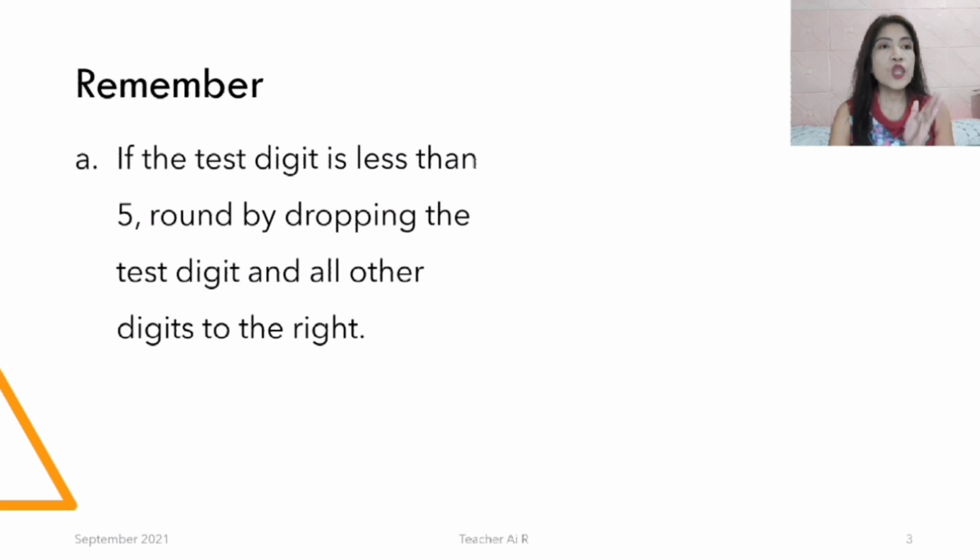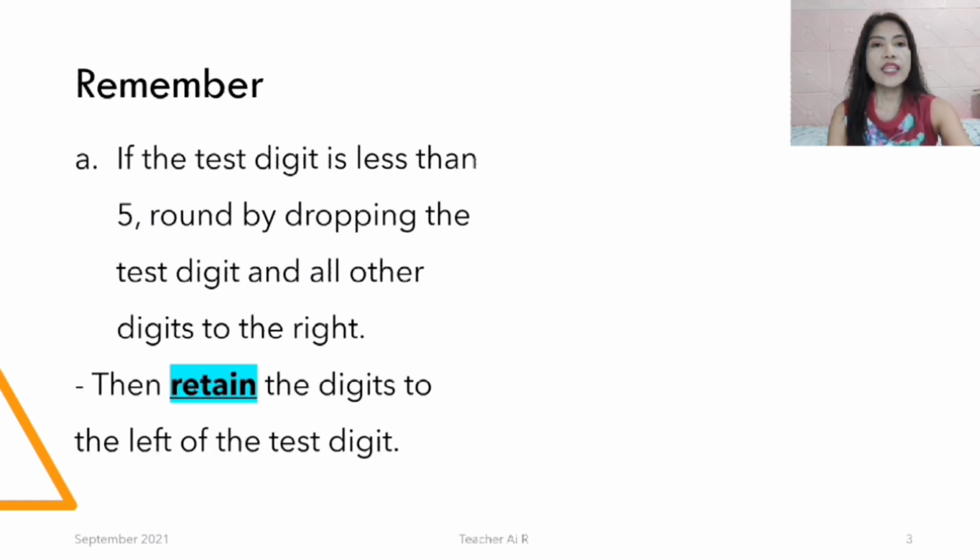It means that you are not going to copy the test digit and the other digits to the right of it. And after that, what will happen to the number to be rounded off? You have to retain it. So, retain the digit to be rounded off, as well as the numbers to the left of the test digit.